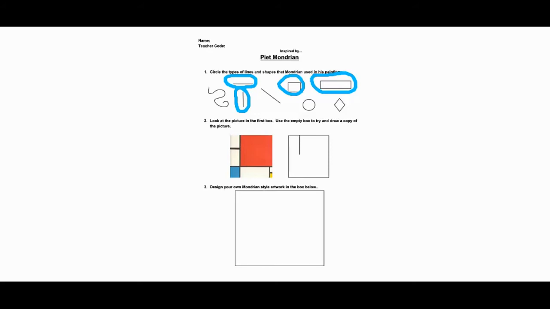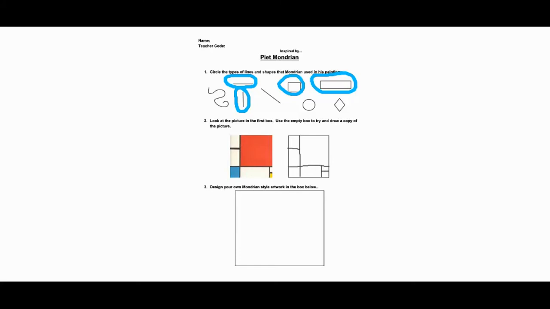I see a line here, and then I see a little line here. And then I see this line right here going all the way across. I'm going to do that. And then there's another little one, and then another one right here. Yay! So I copied those lines.